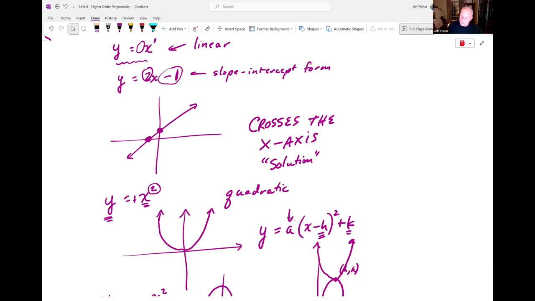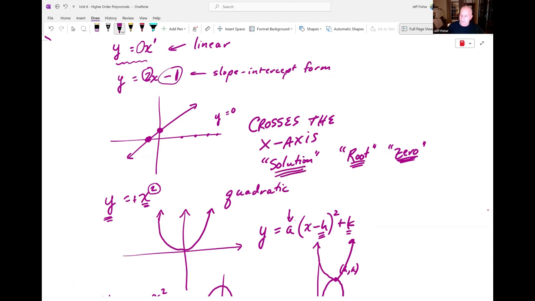They not only call it a solution, they also call it a root, and they call it a zero. They call it a zero because it's where y equals 0. Anywhere along this x-axis, y is going to equal 0. They call it a root of the equation, and they also call it a solution to the equation.